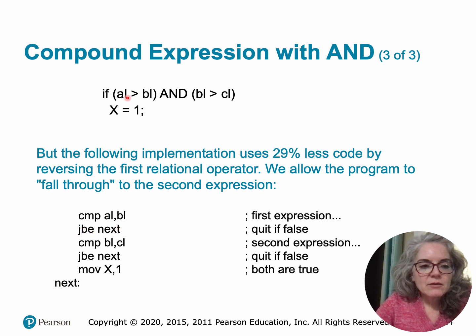So if AL is below BL, then we're quitting. If not, it just goes to here and it compares BL and CL. And once it compares it, it says, okay, is it false? If it's false, it's going to quit. It's going to go to next. If it's not false, it's going to move 1 to X.